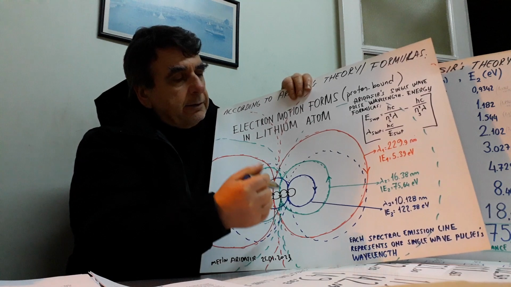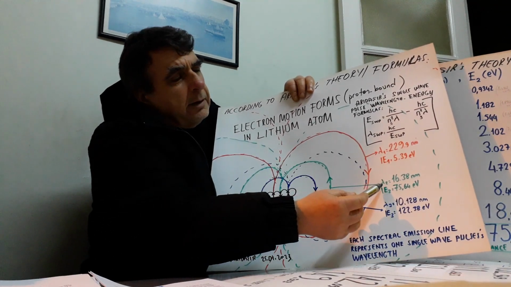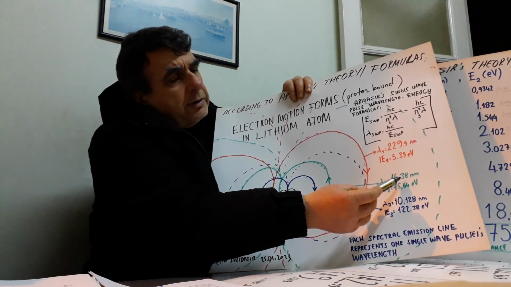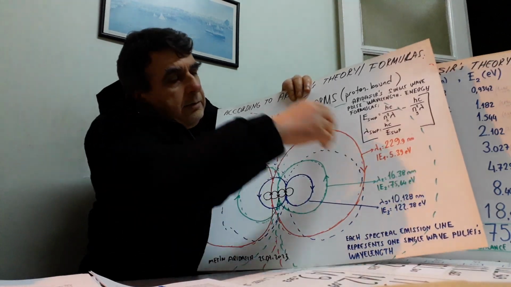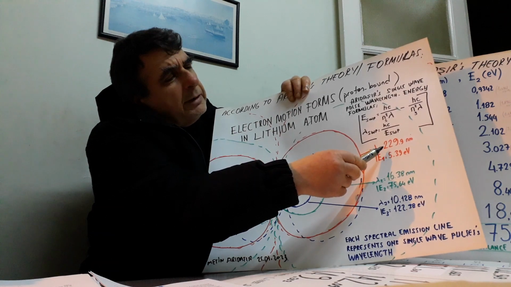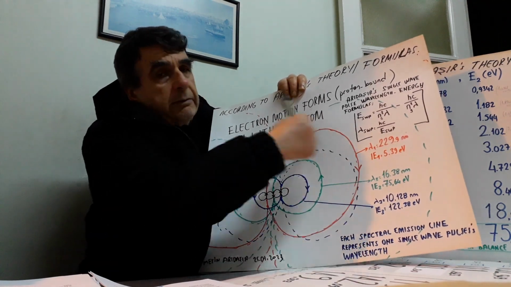Okay, then this is the second one. Lambda is equal to 16.38 nanometer, and the greatest one, lambda 1, is 222.9 nanometer wavelength size.